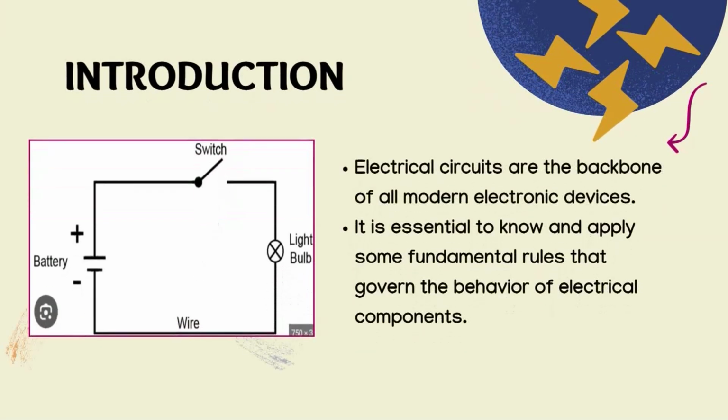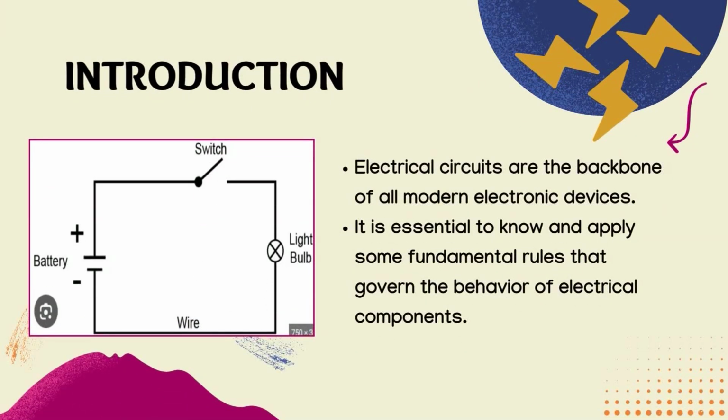In the previous session, we learned about the interconnection of electrical elements in electrical circuits. The main purpose of an electrical circuit is to transfer energy from source to load. Electrical circuits are the backbone of all modern electronic devices.